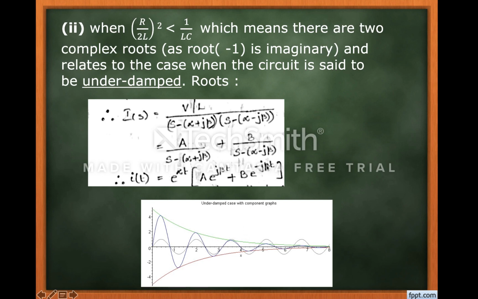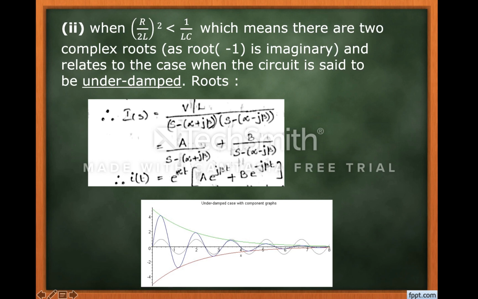Any e power of a j term in maths, you can write mathematically as cos of alpha t plus j sine of alpha t. So any exponential term with an imaginary term can be resolved into sine or cosine.